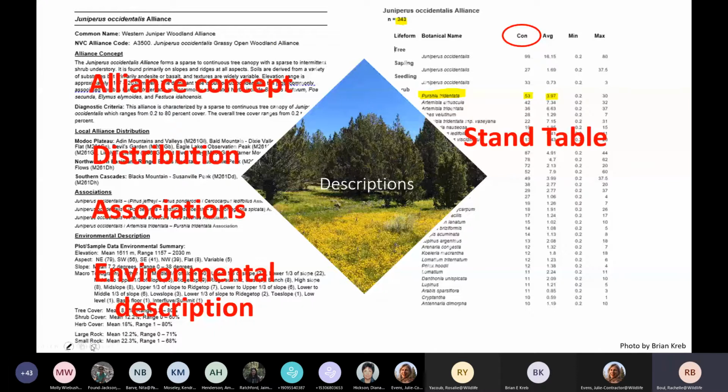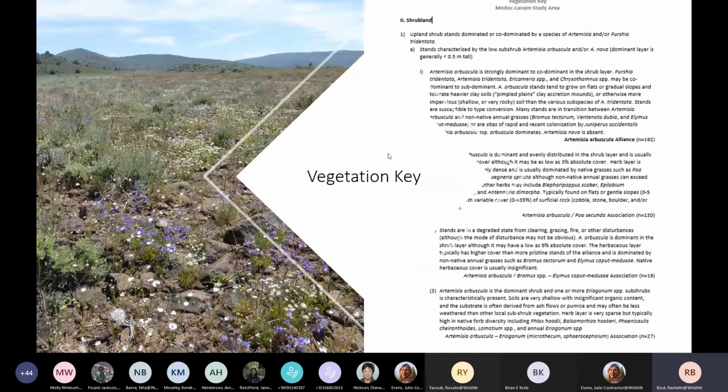So in addition, I'm going to take off my highlighter so I don't highlight everything. In addition to the descriptions, all that information is summarized into a vegetation key to each alliance and association.